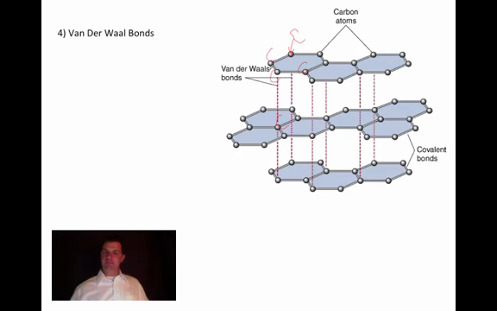But as the electrons spin around, there are moments when the electrons are slightly unbalanced, resulting in slightly negative and positive charges. At those times, those are called the van der Waals bonds. Even two carbon atoms in a molecule could be very weakly attracted to each other because of these weak bonds. And again, in our class, those are the fourth type of bonds, the van der Waals bonds.